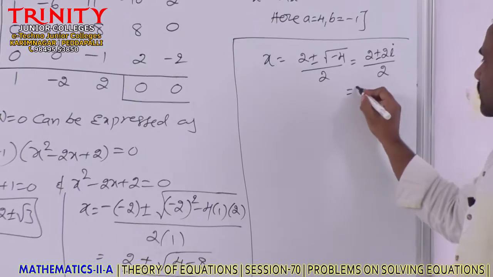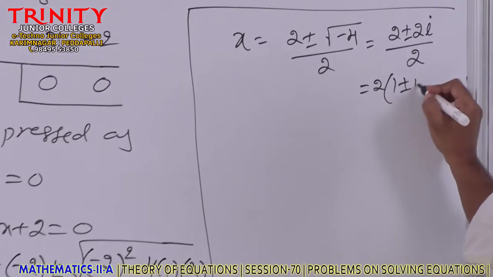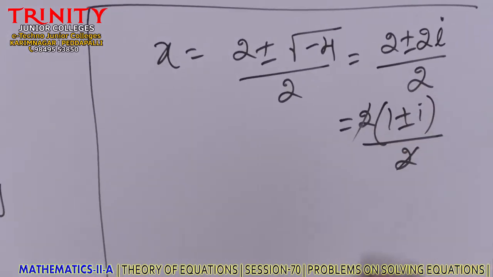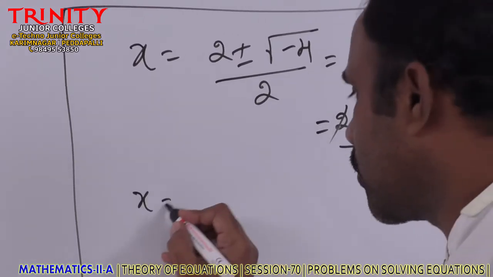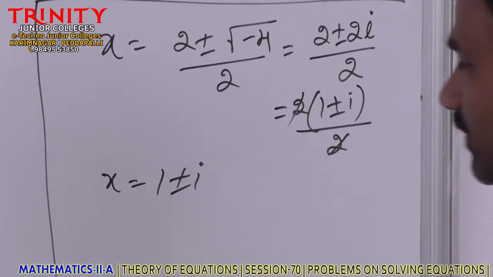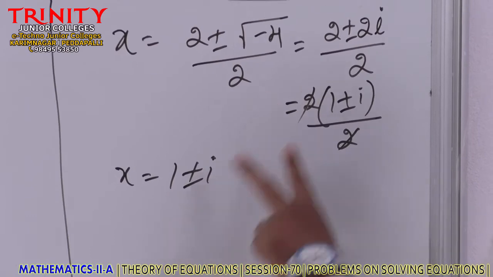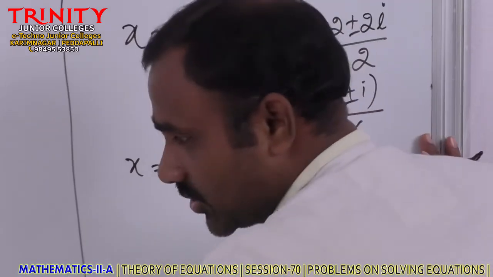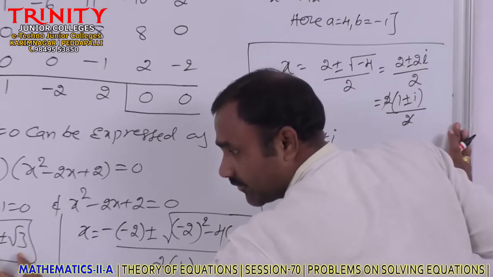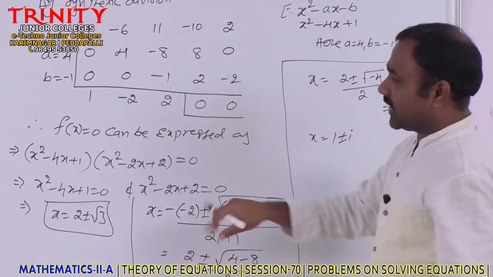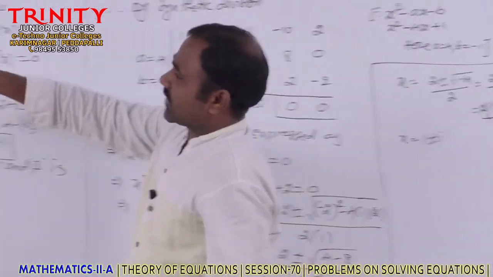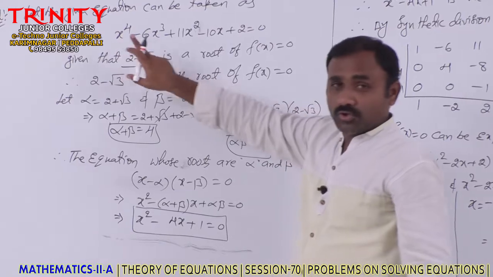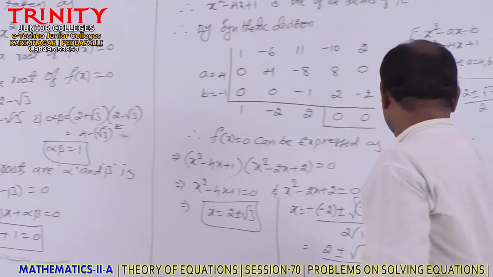If you take 2 common, 2 of 1 plus or minus i divided by 2, the 2 gets cancelled. Therefore, x is equal to 1 plus or minus i, means 1 plus i, 1 minus i. From this we got 2 roots, and here we have 2 roots. Therefore, totally 4 roots. It is a biquadratic equation, no, x power 4. Therefore, the total roots are 4.